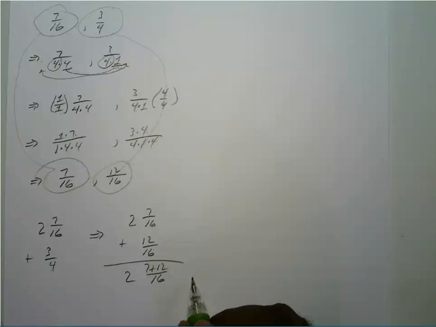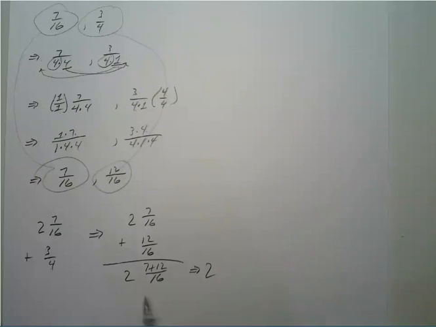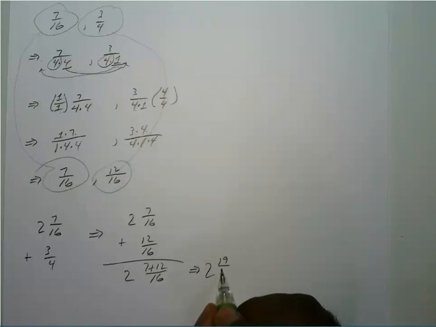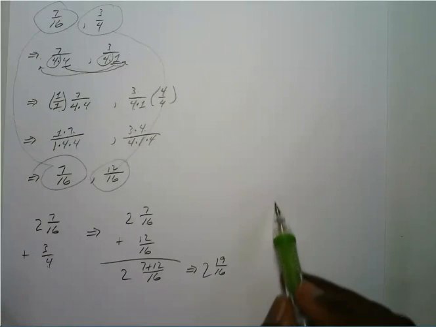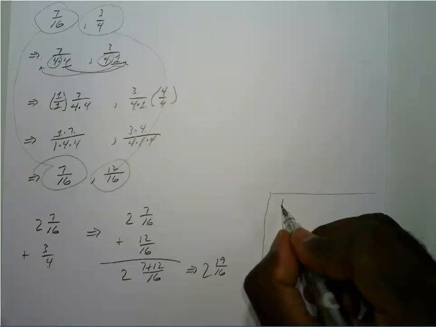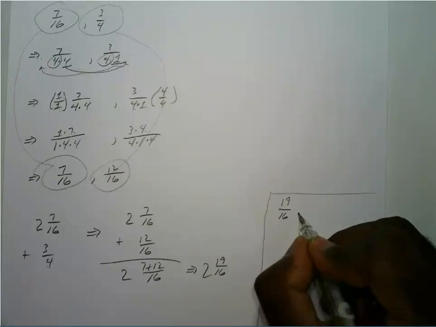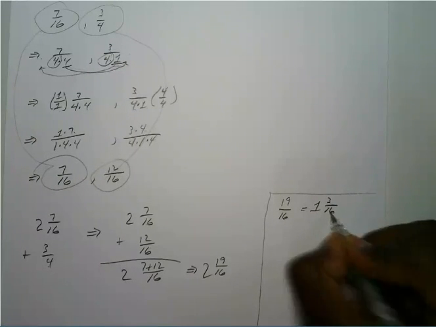Okay, so that gives you 2 19/16. Okay, now this actually can be simplified, and I'll show you how right here on the side. 19/16 is equal to 1 3/16 if we convert it.